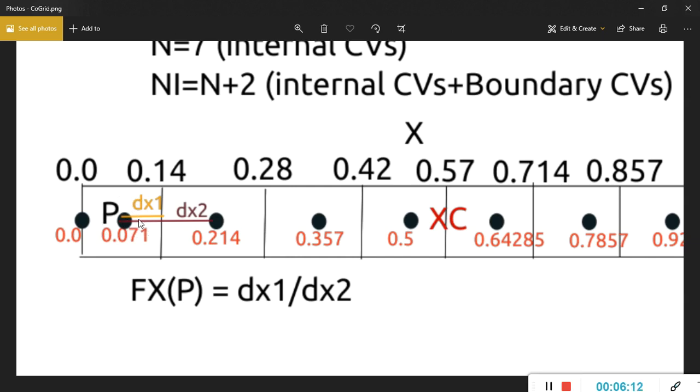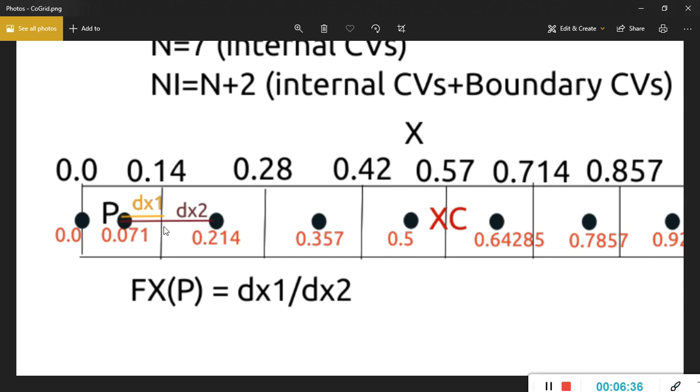So what does that mean actually? Let's say we have a u velocity equal to 1.0 at P, and of course this will be the E node now, and here if it was 2, then at the cell face the value will be 1.5 because this is a uniform spacing.